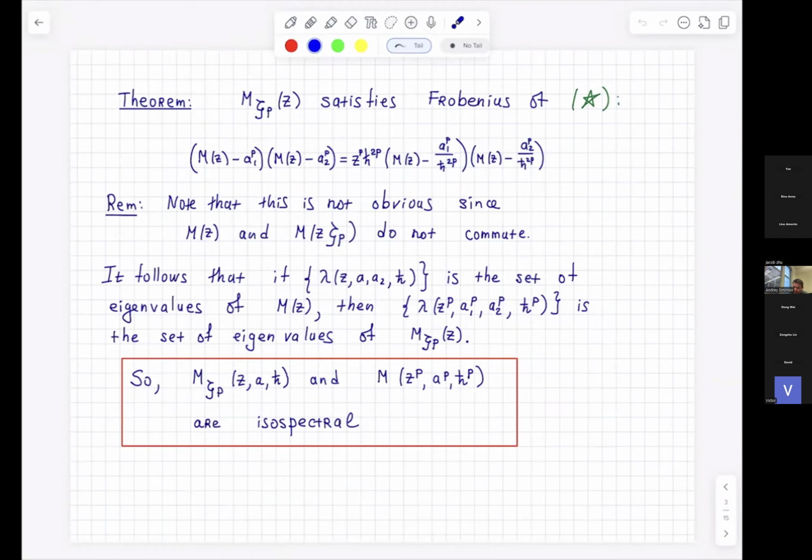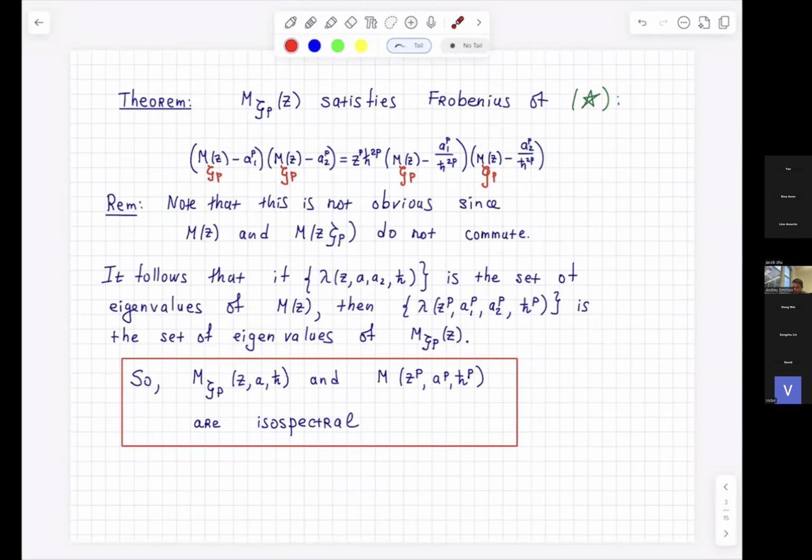Again, this is simply the characteristic polynomial of this. By the way, I already forgot that I need to put this index zeta here everywhere. So it's this averaged matrix, not the original M. All right.